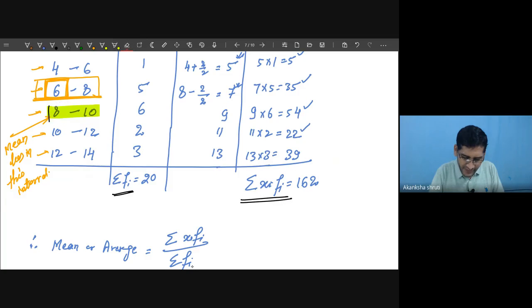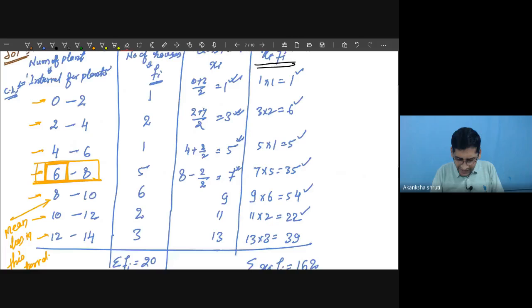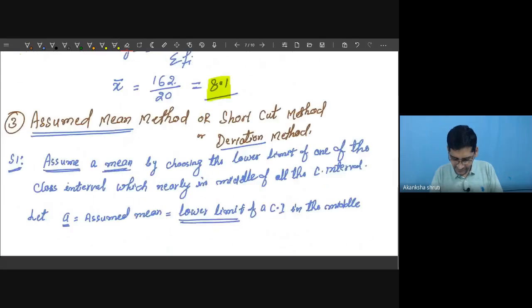But if you do not know that, then you shall prefer the interval 6 to 8, in which 6 should be considered as the assumed mean.